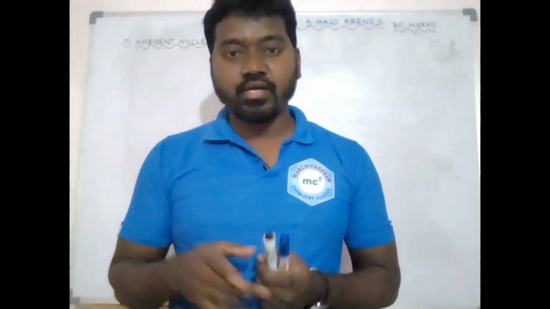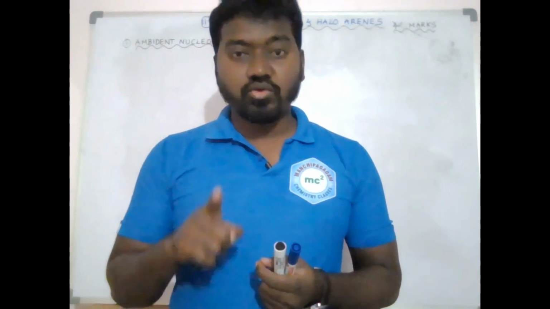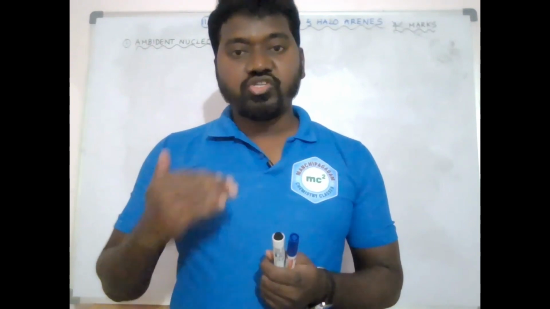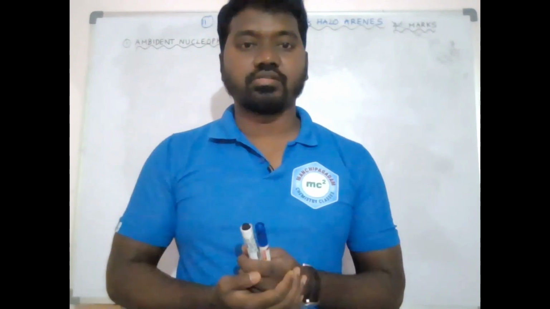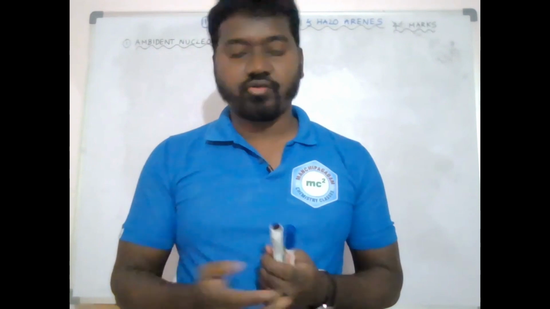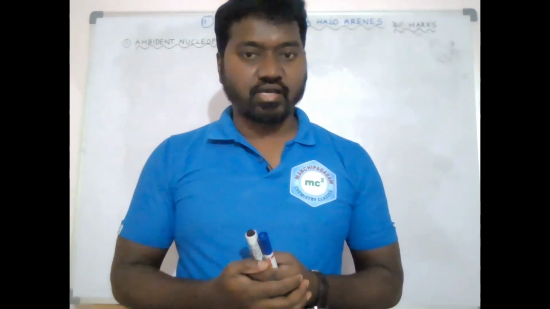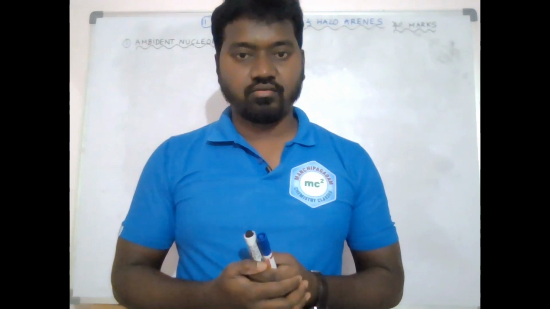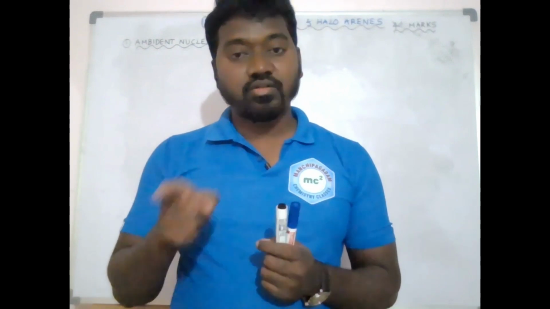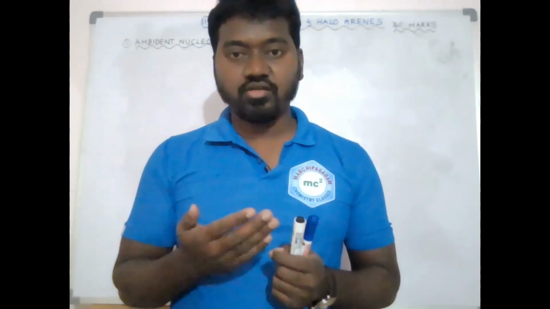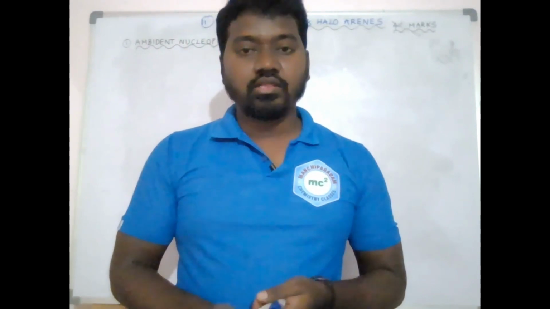Then what is ambident? The nucleophile which is able to attack by 2 or more nucleophilic centers is called ambident nucleophile. For example, if you take cyanide, CN, this carbon may attack and the nitrogen also may attack. It means this nucleophile contains 2 nucleophilic centers, or 2 nucleophilic sites. That type of nucleophile is called ambident nucleophile.